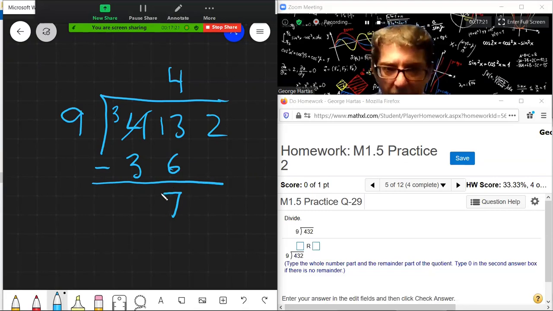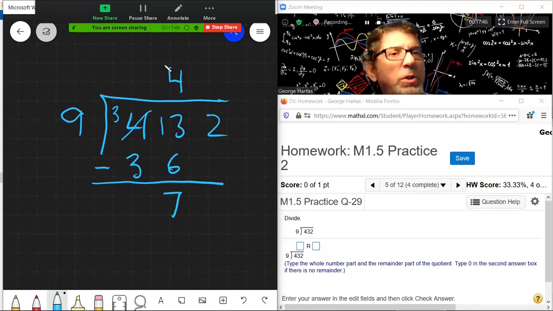By the way, the temporary remainder is not the final remainder. The temporary remainder better be less than the divisor. It cannot be the same, and it cannot be more. If it is the same or more, what happened was you did not get close enough to 43.